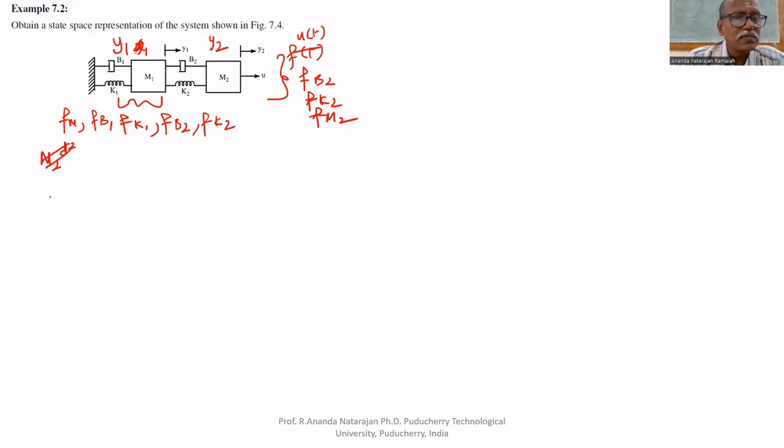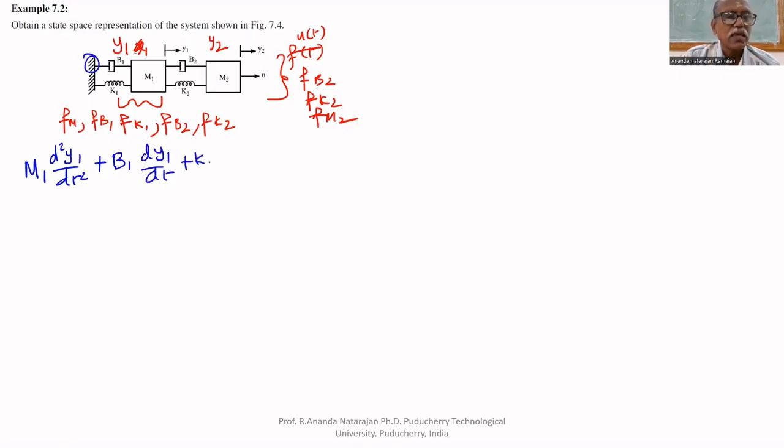Therefore, the mathematical model is m1 d square y1 by dt square plus b1 dy1 by dt, since one end is fixed, plus k1 y1, and these are all acting between two masses.